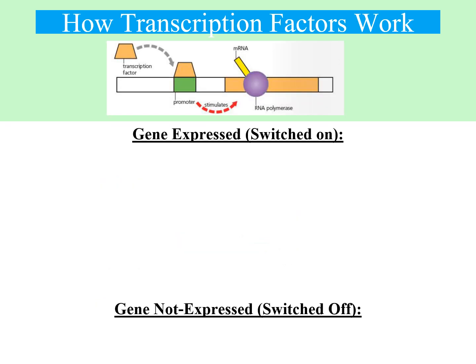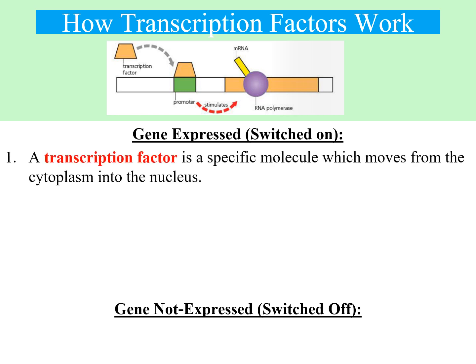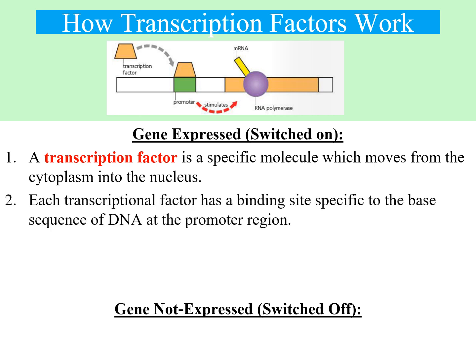So let's have a look at how this works. When the gene is switched on, a transcription factor, which is a specific molecule that attaches to the promoter region, is present, and it moves from the cytoplasm into the nucleus. Each transcription factor has a binding site specific to the sequence of DNA at the promoter region.